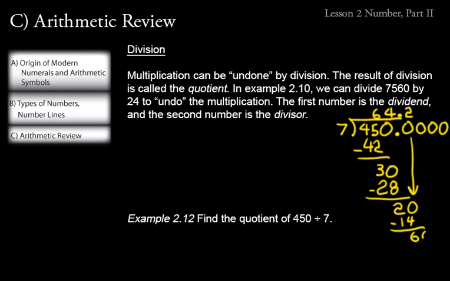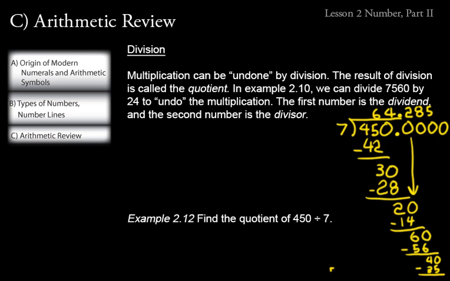Bring down the next 0, so we'd have 60. 7 goes into 60 8 times. And so that would be a 56 here. Subtract, again, we'd have a 4. Bring down a 0. 7 goes into 40 5 times. And so that would be 35. And subtract, we'd get a 5 from that.